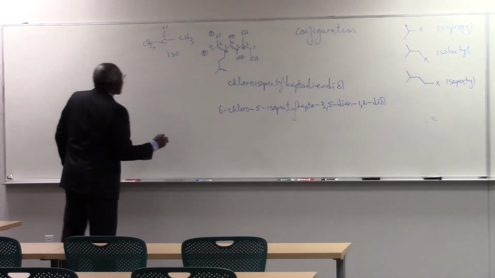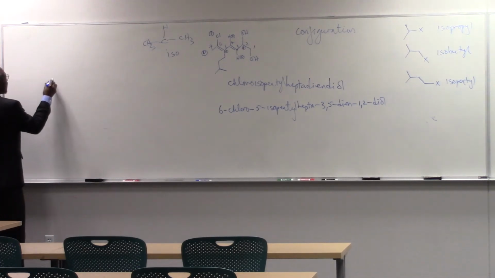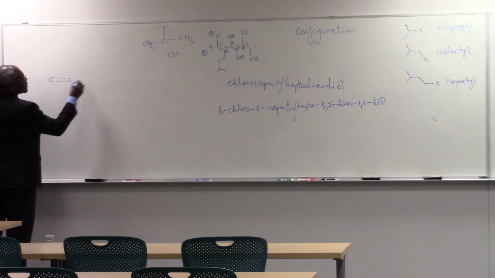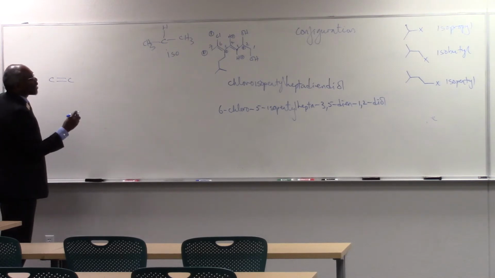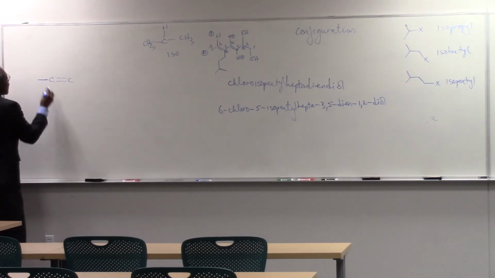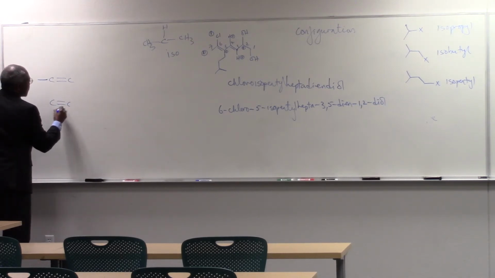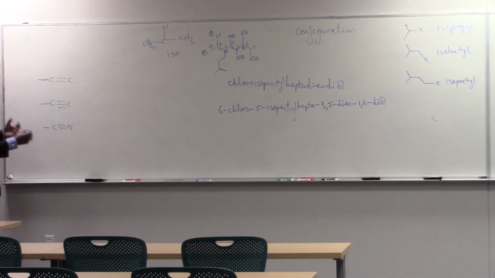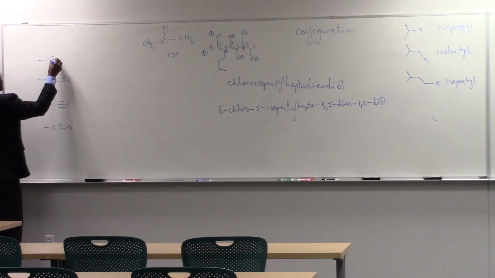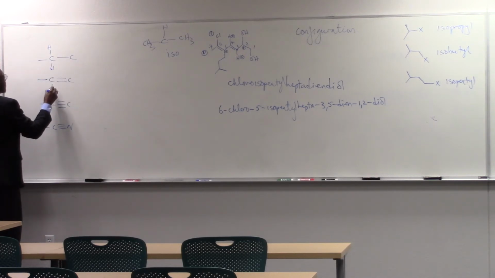Now, if I have, for example, a carbon-carbon double bond, which I do in that case, and I want to determine priorities, or let's say I have a carbon-carbon triple bond, or a carbon-nitrogen triple bond, how do I determine the relative priorities of these species?